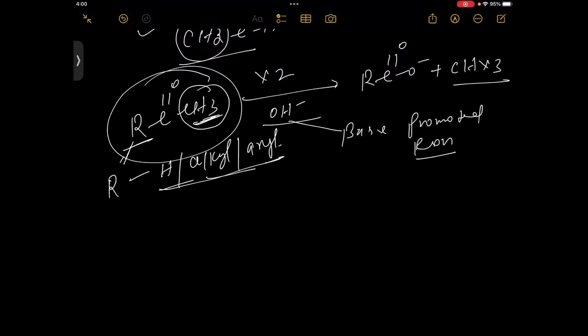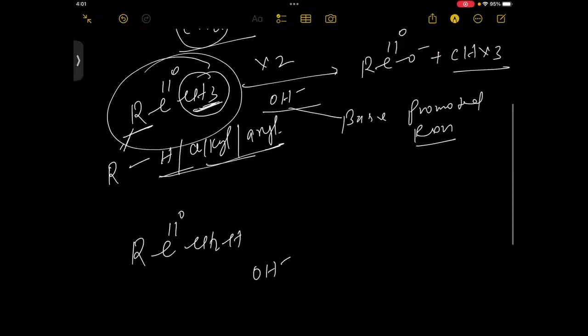How? See, students: R C double bond O CH3, and you have a base, OH minus. The base attacks the hydrogen, and the compound forms like that.